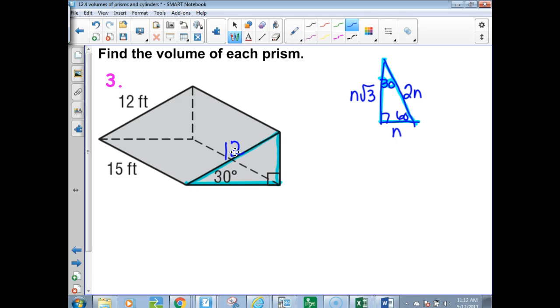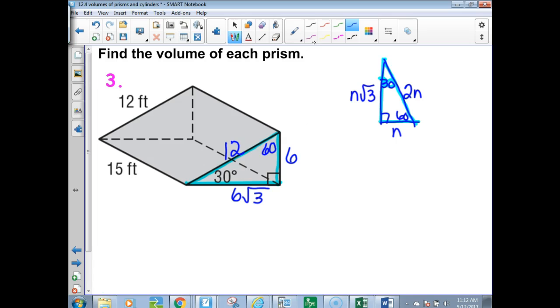So if that's 12, half of 12 goes across from the 30 on the short leg. So this would be 6. And this would be 6 times the square root of 3. Okay, now I drew it this way because that's what's on the wall, or on your formula sheet. You have to be able to apply it as if this was turned. Okay, it's turned over.